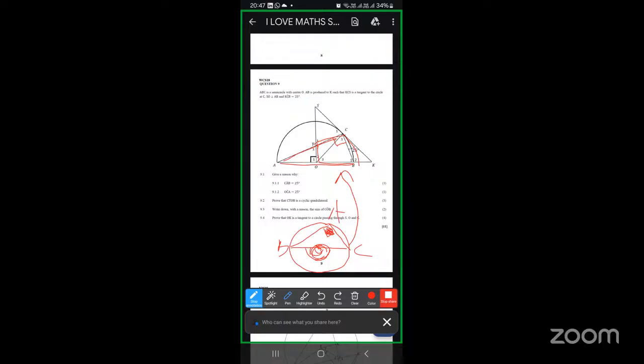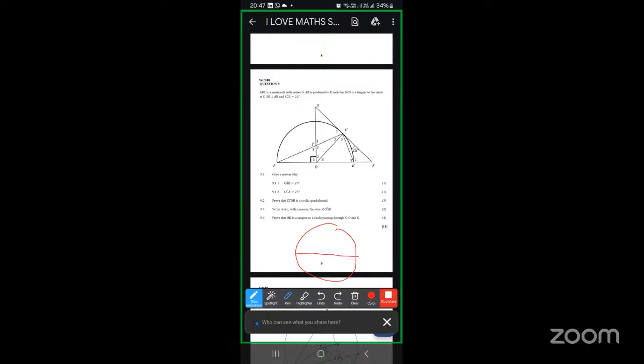Yes. Are you sure? So you said you divide. Didn't you say that the angle at the circumference is 2 times the angle at the center? Okay, hear me out here. Let me redraw this again.